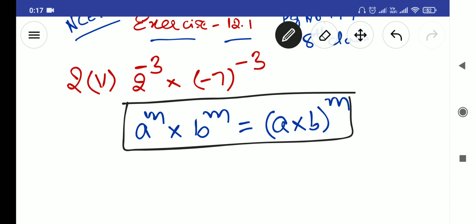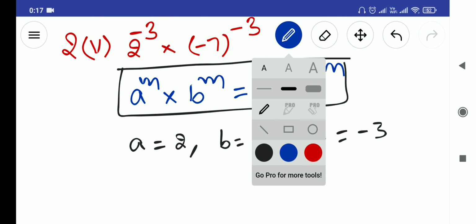So now, by looking at this boxed formula with the above question, a is equal to 2, b is equal to minus 7, and m is the common power for both of them, which is equal to minus 3.